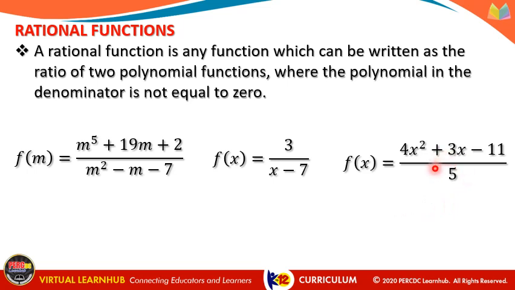Or f of x equals 5, that is still a polynomial. That is why 3 over x minus 7 is still a ratio of two polynomials. And of course, the same with 4x squared plus 3x minus 11 over 5. So again ha, hindi porket wala na silang variable, hindi na sila polynomials. Polynomials pa rin. So these are examples of rational functions.